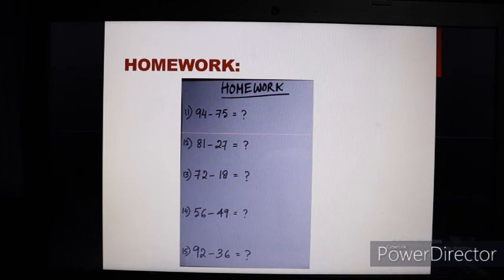Now we can sum up by knowing that when we have something less, we borrow. If the top number is smaller than the lower number in ones place, we borrow 1 from the tens place and subtract with the new bigger number.